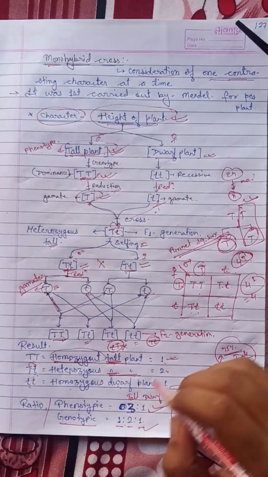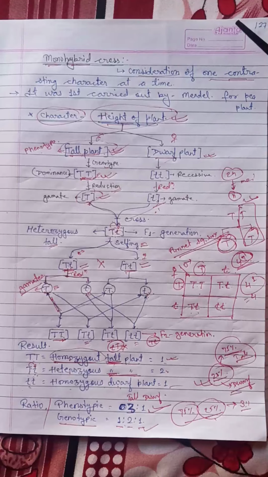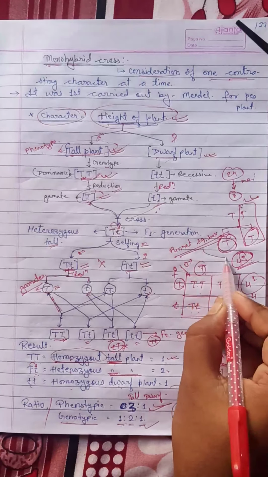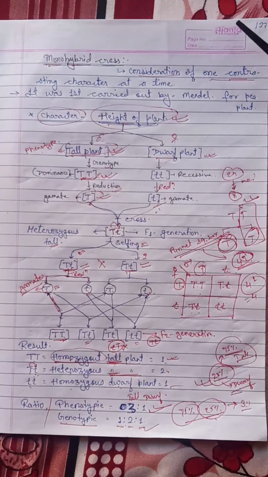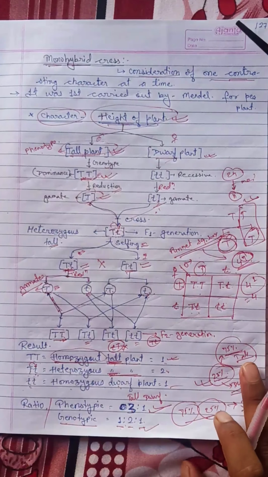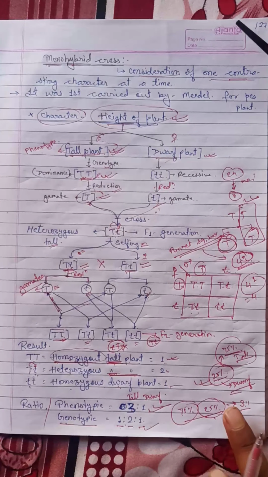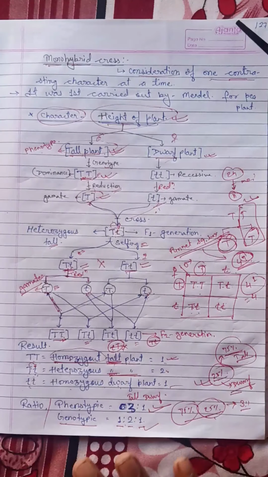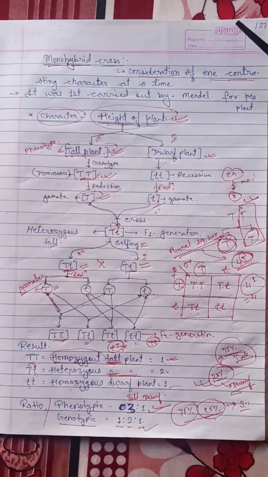Is it okay? You have to remember this formula. So the monohybrid cross is completed.